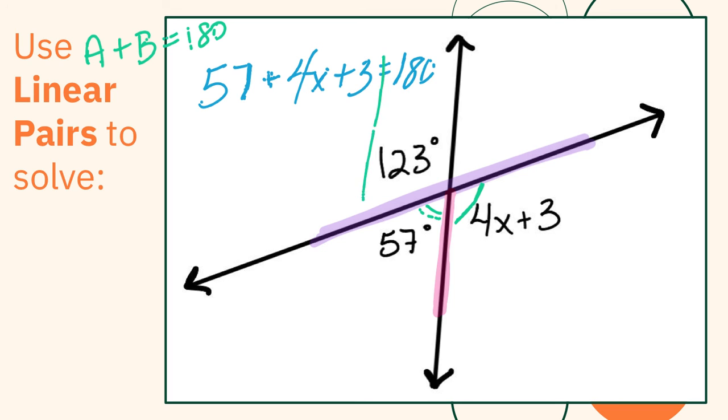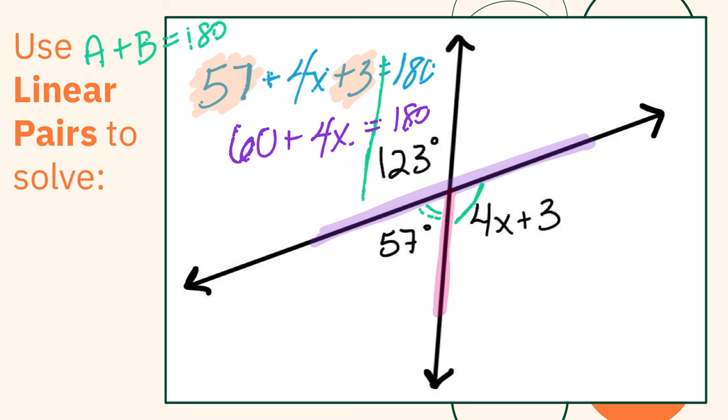Then I need to combine like terms. Remember, we're combining things that have the same variable and the same exponent, and these have no variables, so that's why we can combine them. So then that's going to give me 60 plus 4x equals 180. I can go ahead and subtract 60 on both sides.